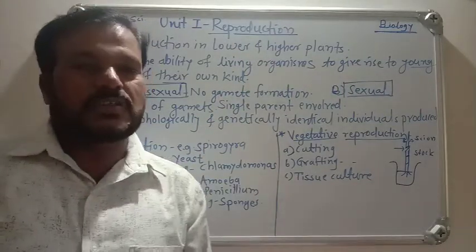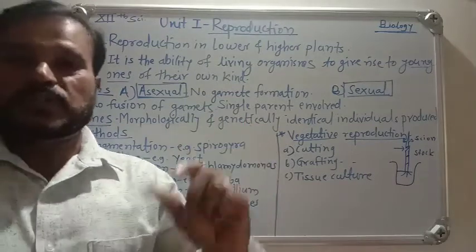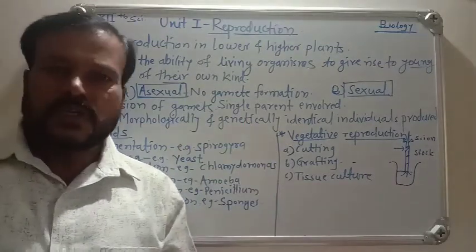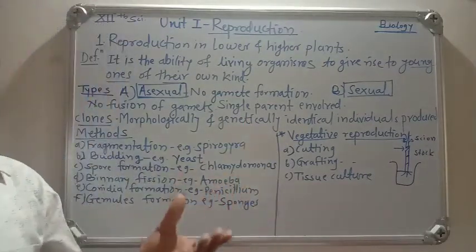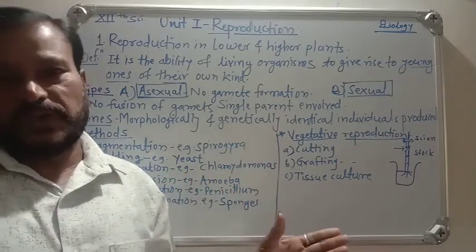First we will discuss the definition of reproduction. If you observe the textbook, first sentence, can you recall? They have given, how do plants reproduce without seeds? It is general. The plants reproduce without seeds by the vegetative method.